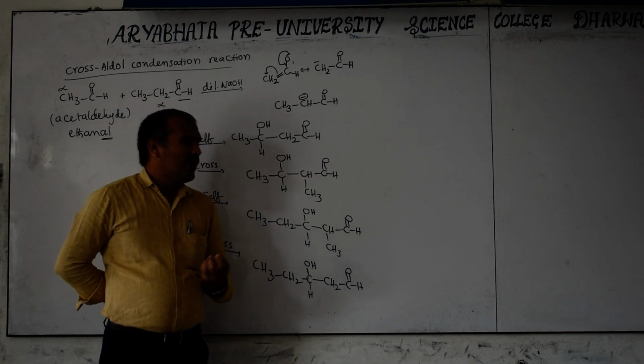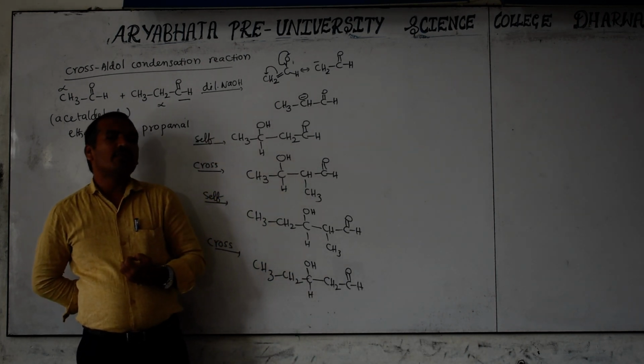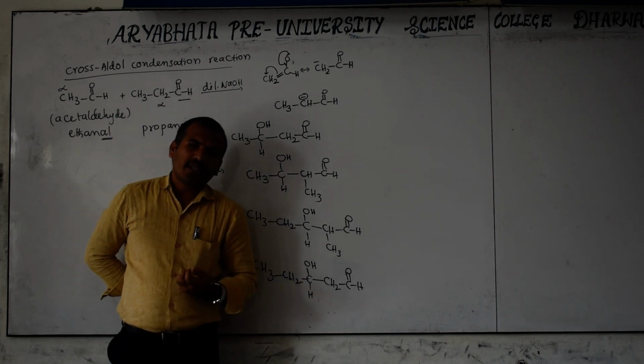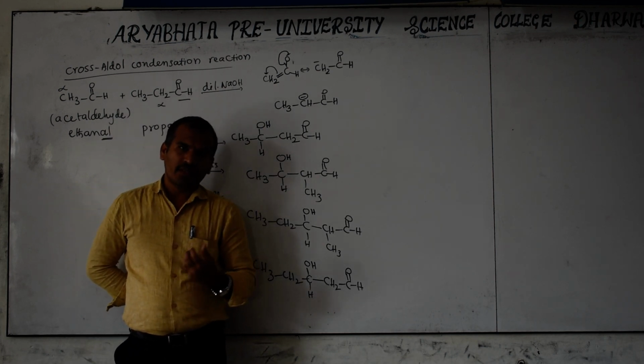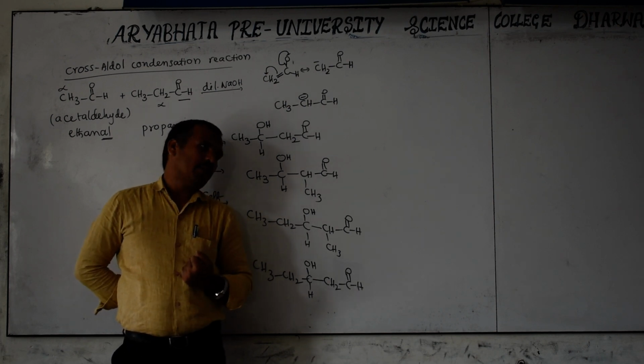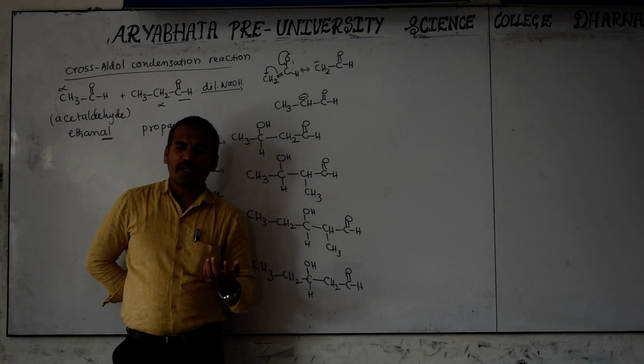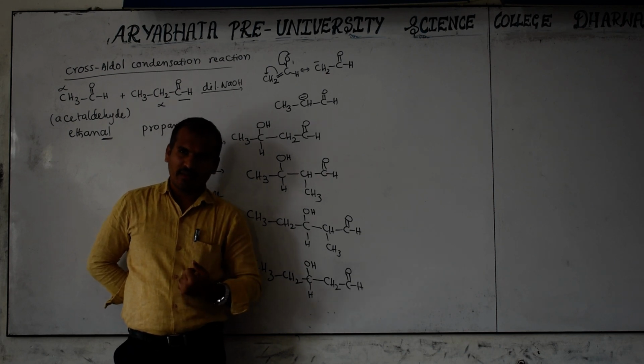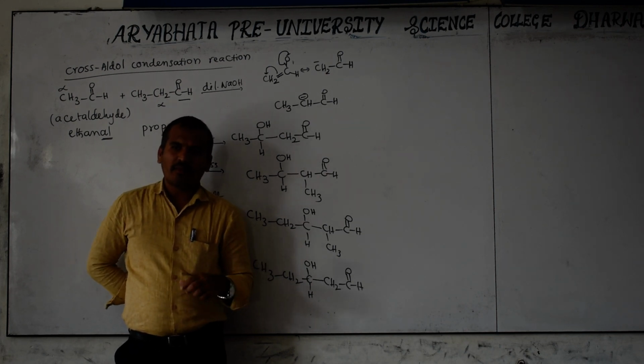Yes or no? For example, you may have studied the Wurtz reaction. In the Wurtz reaction, what will form? A symmetrical alkane will form, along with others. Otherwise, you may have studied the halogenation or chlorination of methane. In the termination step, what will form?